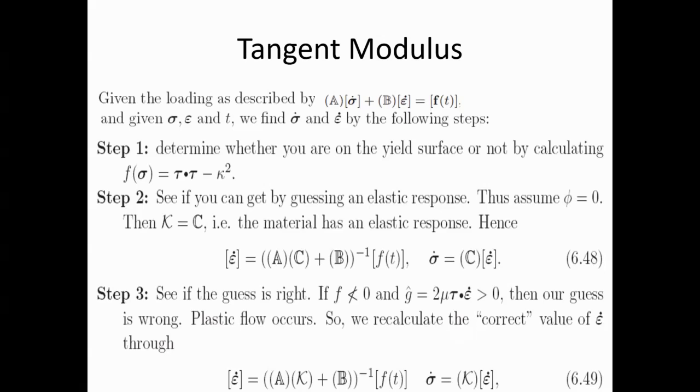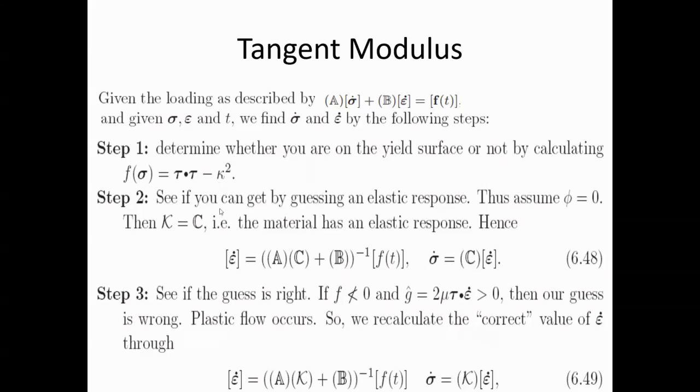Supposing I have something like this, how do I proceed? Let's say given sigma, epsilon, t, and we need to find out sigma dot and epsilon dot. This f of t is given to us. How do we proceed? First thing that we do is to find out whether the yield condition is met. Listen to me carefully, sir, because you may have to write the code related to this.